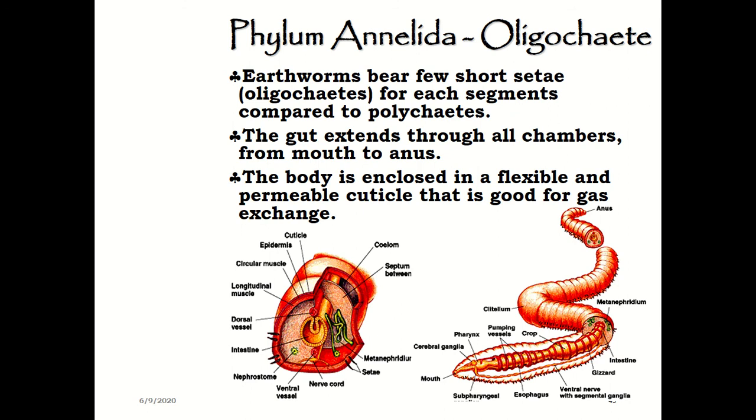So the earthworm in the class of Oligochaeta bears a few short setae on each segment compared to Polychaeta. The gut extends through all the chambers, and the body is enclosed in a flexible and permeable cuticle.